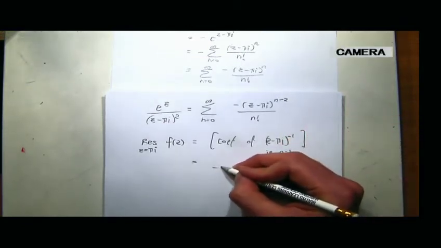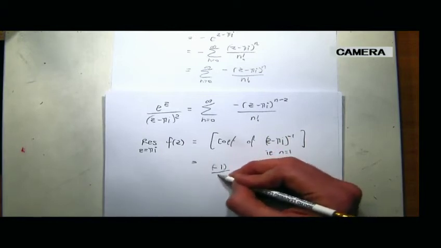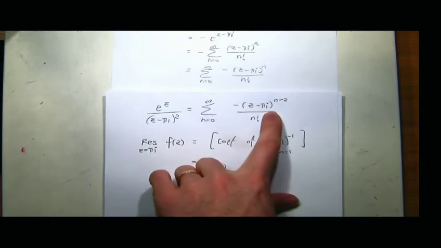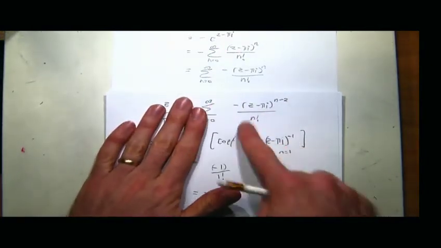So we get minus 1 over 1 factorial, which is minus 1. Yep. So remember that you're not including the part that involves the z minus pi I, it's everything else, all the coefficient part, not that bit.